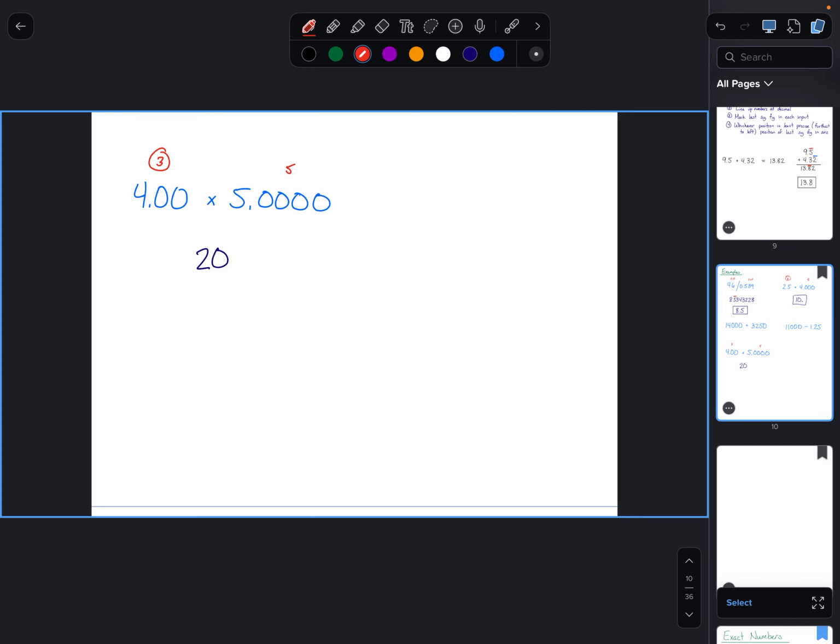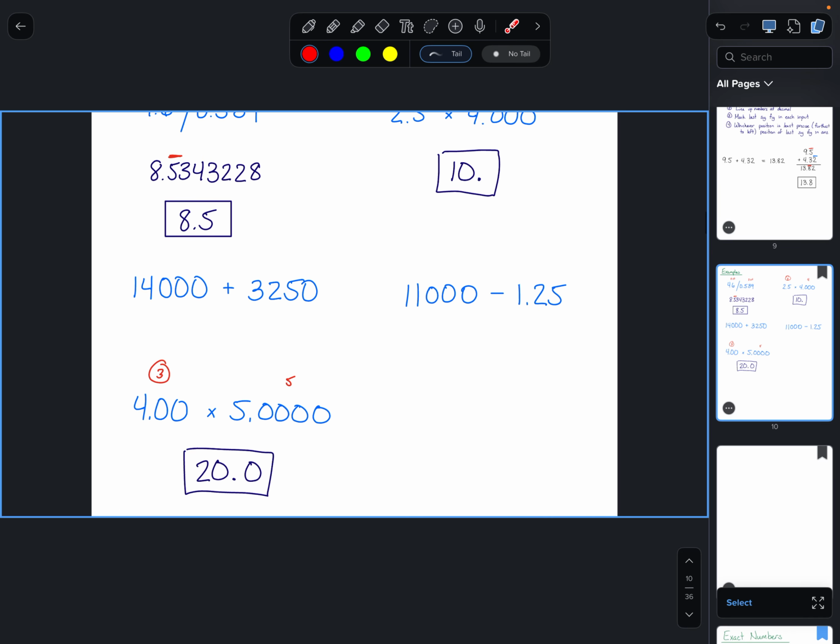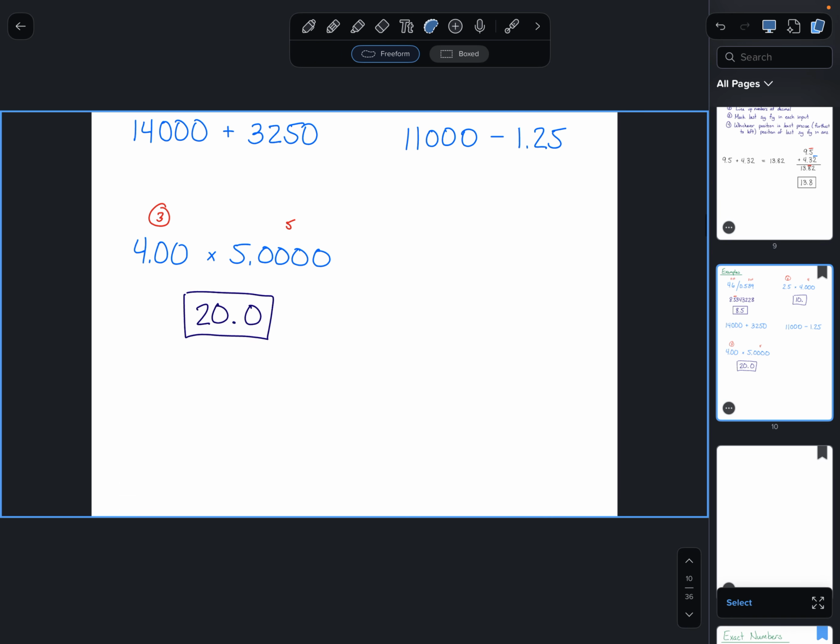The fewer number of sig figs. So I'm going to represent 20 with 3 sig figs. 20.0, absolutely. We just got to tack another 0 onto the end of there. We don't want to change the value, so we're not going to make it 20.1 or 20.9 or anything like that, right? The value still needs to be 20, but we do need to display that 20 with those 3 sig figs, okay? So be careful, your calculator doesn't know sig figs. Sometimes you will have to add zeros on or round some numbers off, as in our first case here.